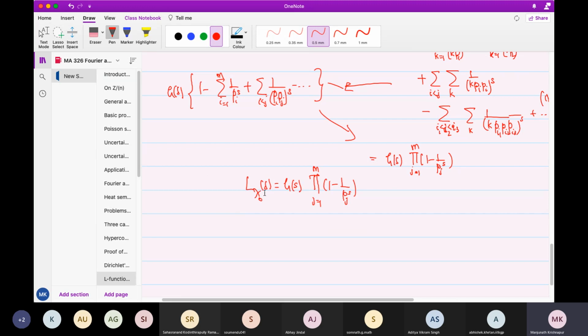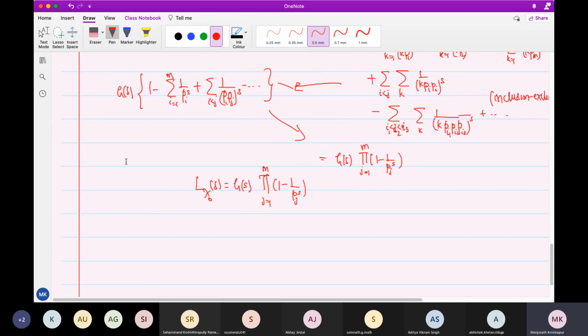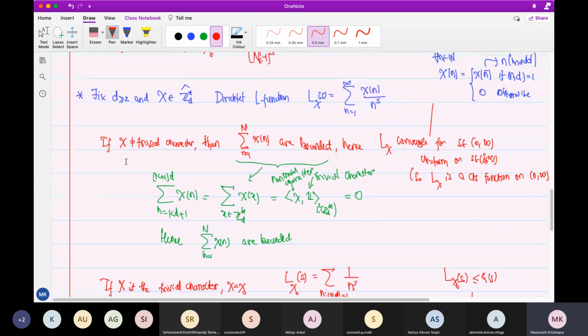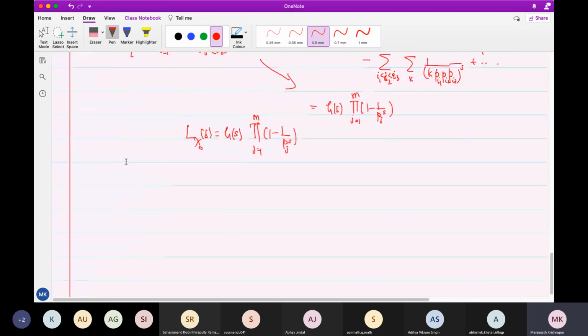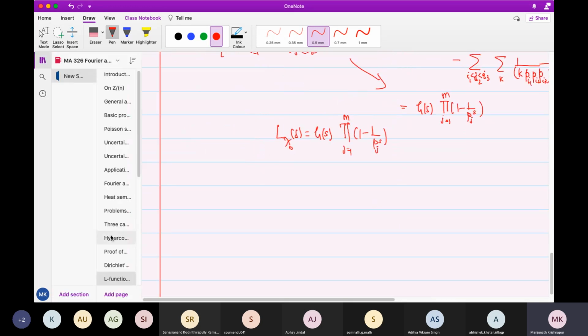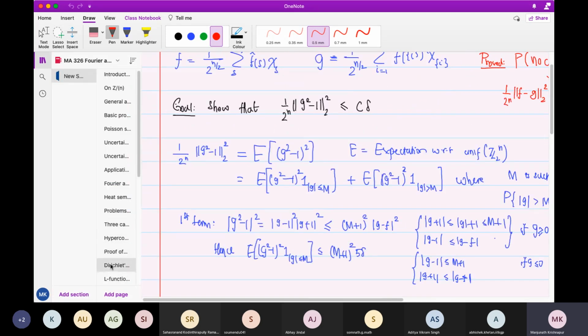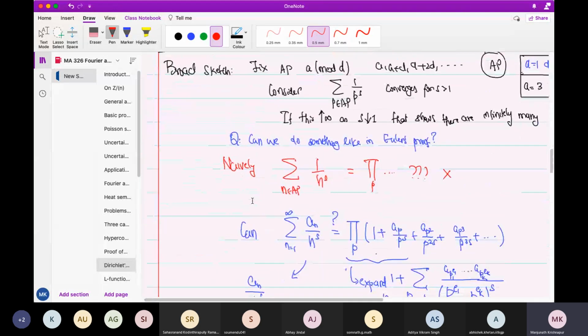Then for the trivial character, all those primes which divide d will be cancelled. So it will still have a product form over the primes which don't divide d. That is a hint of things to come. We will now prove the product formula, which I indicated last time without the rigor of convergence. Last time we indicated that whenever we have a completely multiplicative function, we have a product formula.